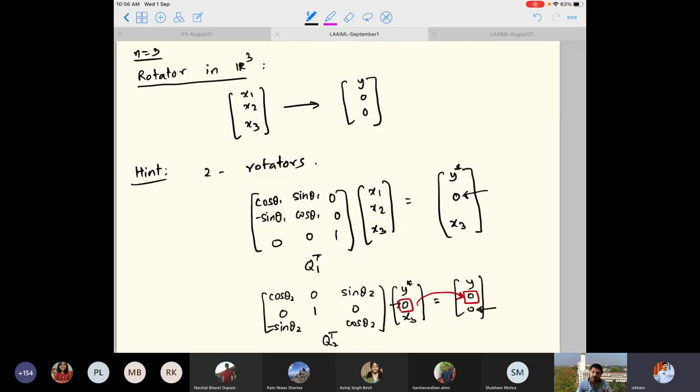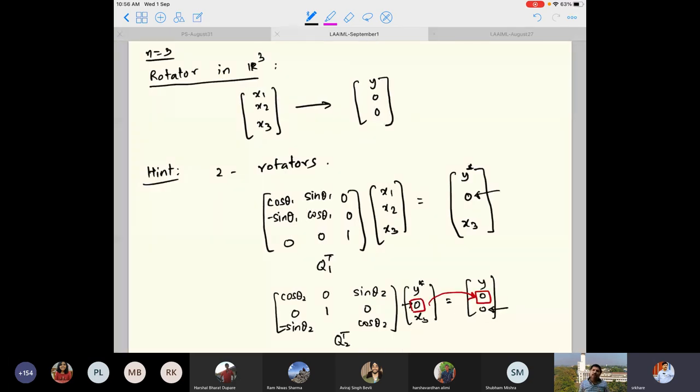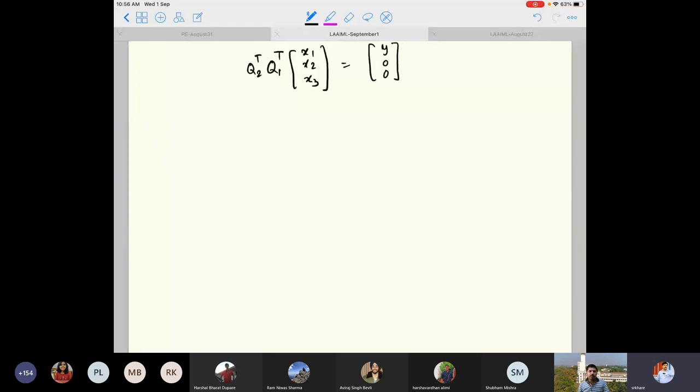And now once you understand this, you can take it to any n-dimensional space. So how many rotators will you require to bring all zeros below the diagonal entry 1,1 of this vector? You will require n minus 1 rotators, right? Then you go to the next vector in the matrix. Then you start introducing zeros below the second diagonal entry and so on and so forth. And you keep on doing this.